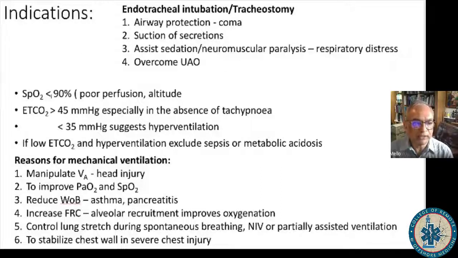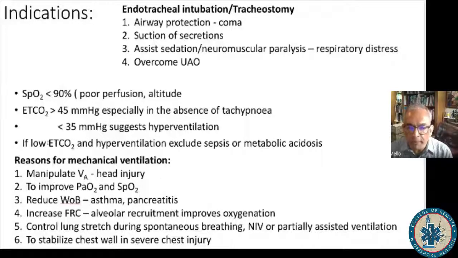Saturations less than 90% can be either due to poor perfusion or due to a reduction in FiO2 as you go up in altitude. The end tidal CO2 will be higher than normal, especially in the absence of a tachypnea. If it's below the normal range, it would suggest hyperventilation.